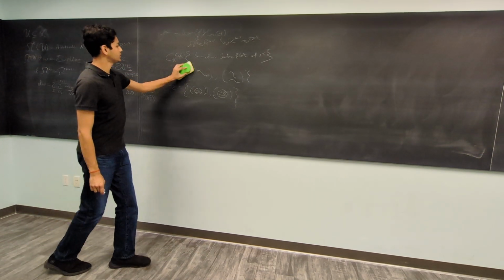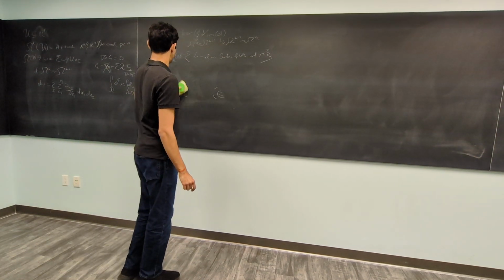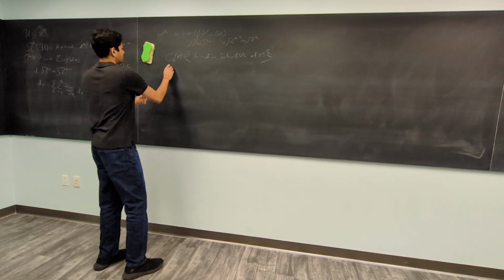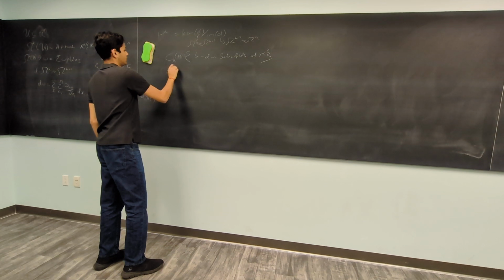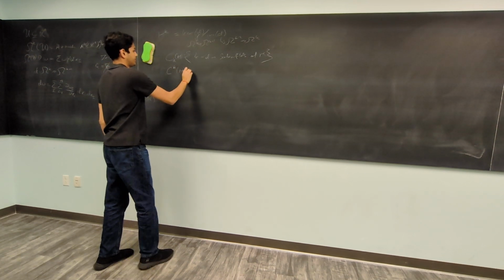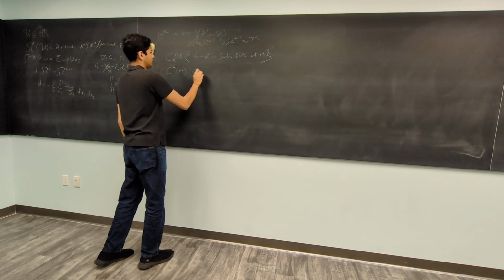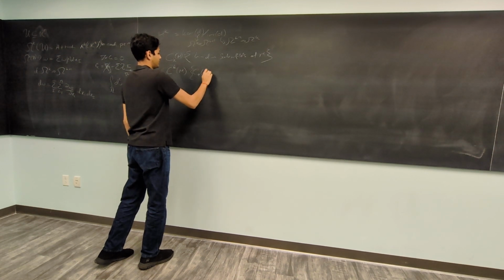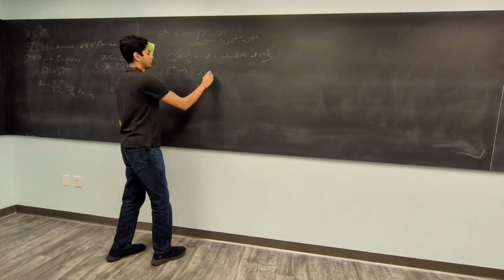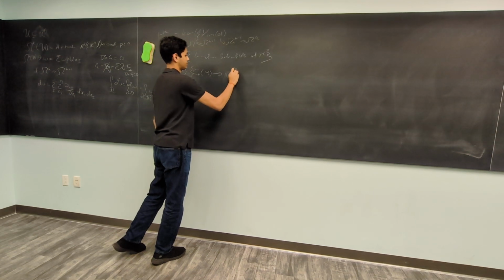And then I'm going to define C^k of M to be functions which assign to every k-dimensional submanifold a real number.